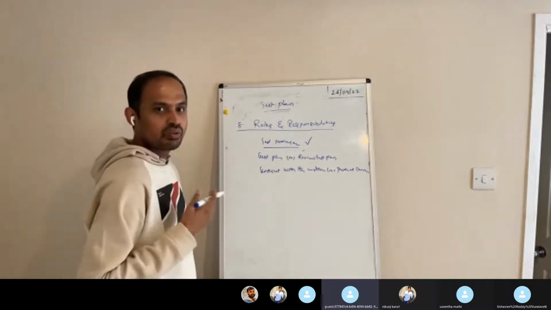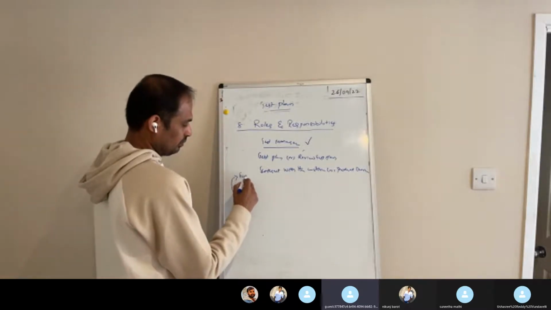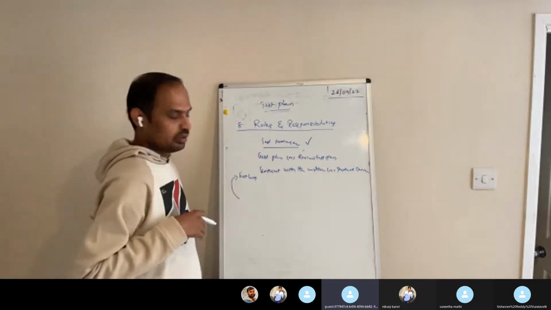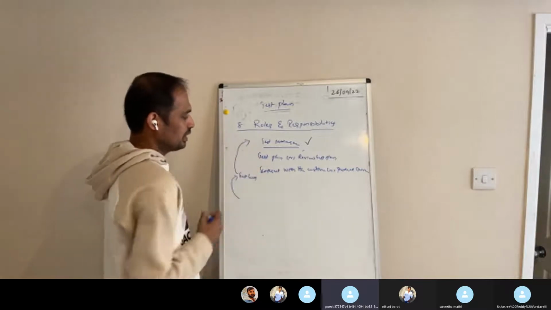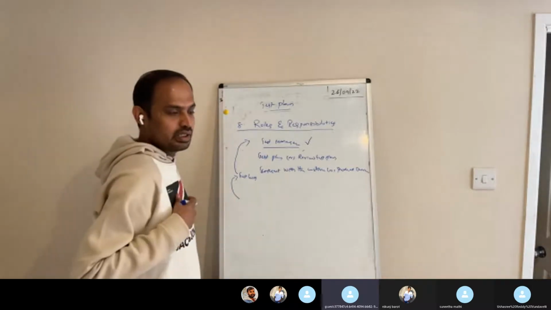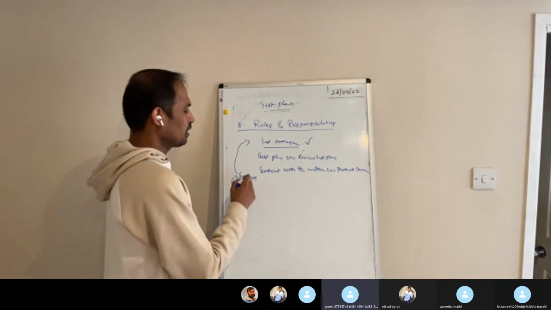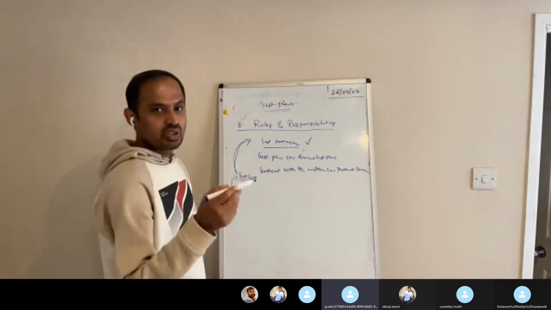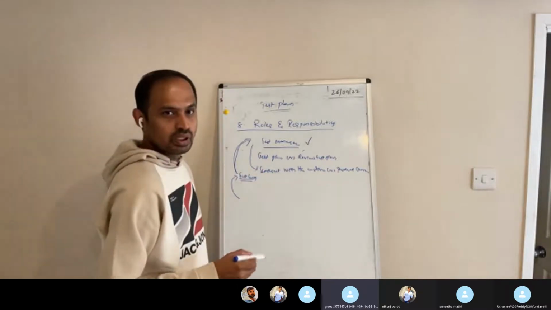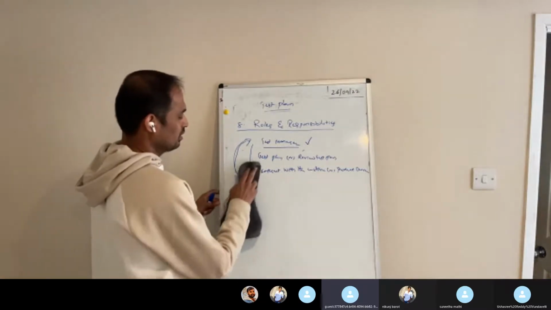If I have any doubt or any problem, I am going to inform the test lead. If the test lead is not able to help me, he will go to the test manager. If the test manager is not able to help about the functionality, then he will go to the customer or product owner to clarify the doubt. That is the way it goes in sequence.